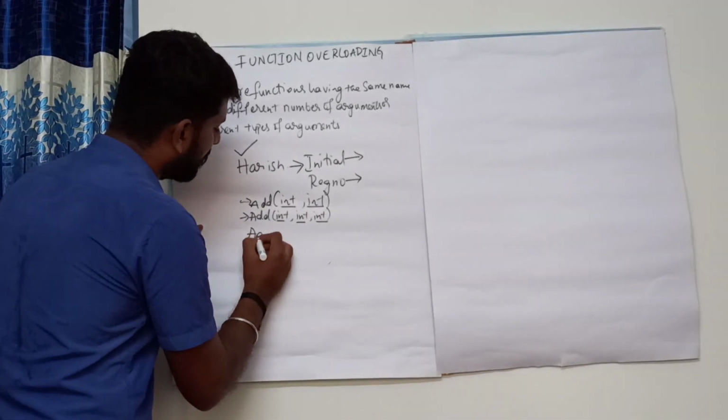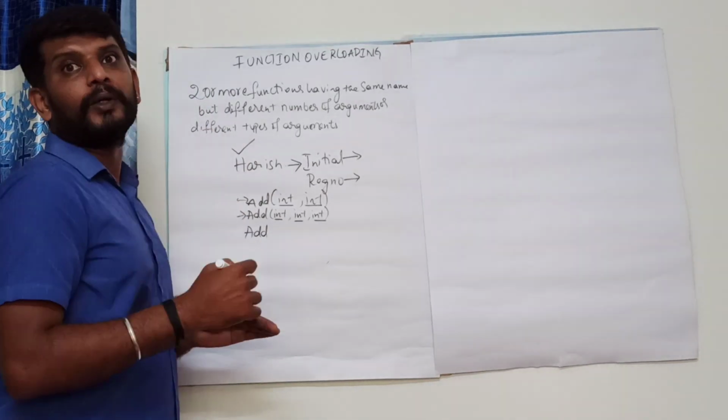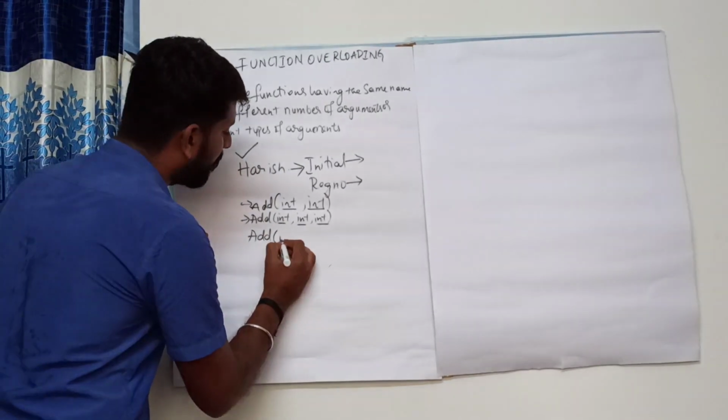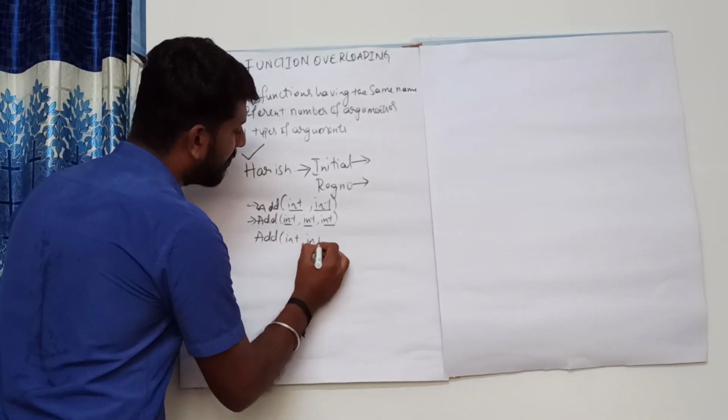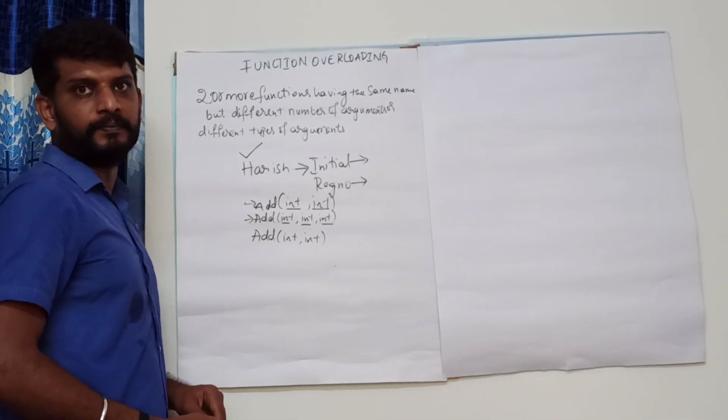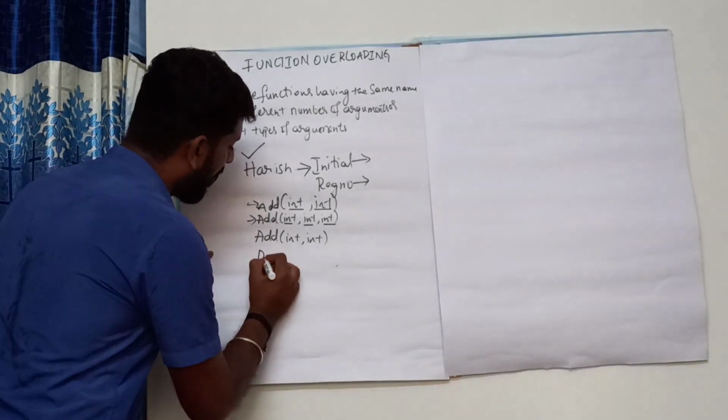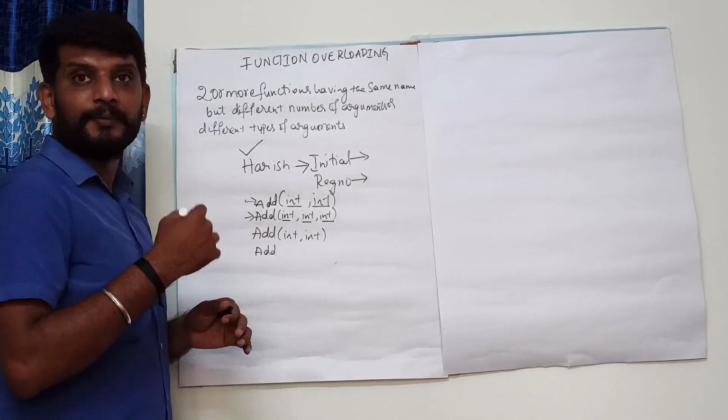Different type of arguments, let me see that. Let us consider we want to add 2 integer numbers. At that time you will pass integers as arguments. Next, I want to add 2 decimal numbers.